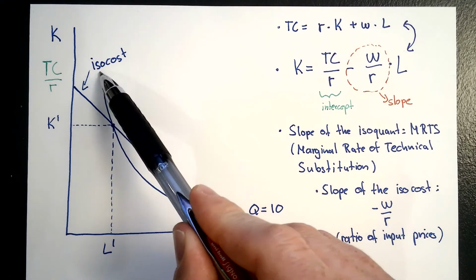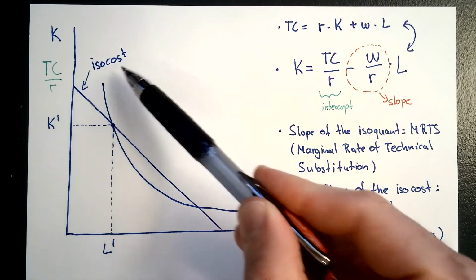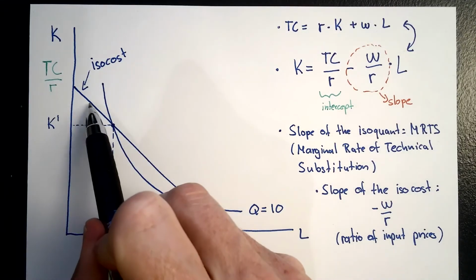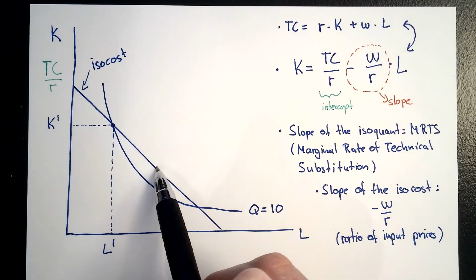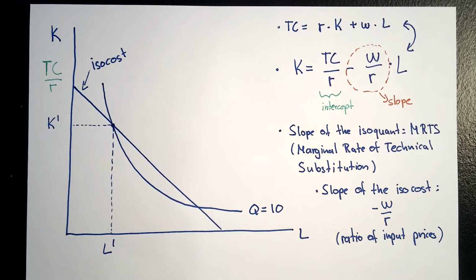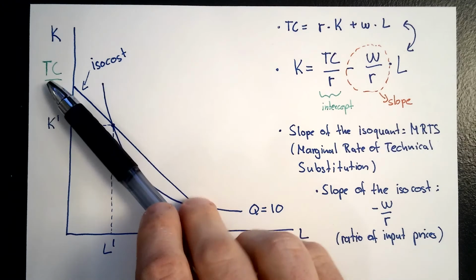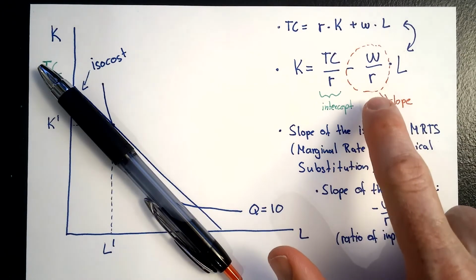Iso again means the same cost, in the sense that all the combinations of capital and labor which are on this line have the same total cost. And note the slope of the isocost line is the ratio of the input prices.